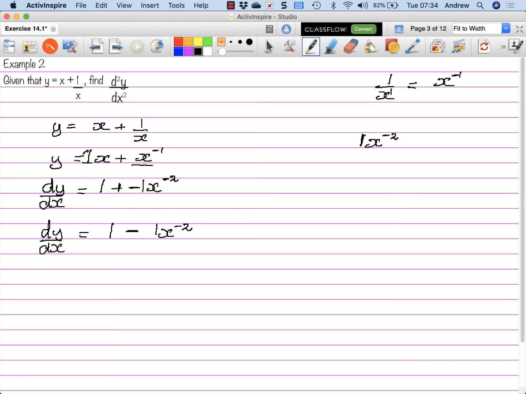When we've got x to the power of minus 2, we can change that negative power into a positive power by putting it on the bottom. The 1 hasn't got any powers on it, so that remains on top. So we end up with dy dx is equal to 1 minus 1 over x squared.